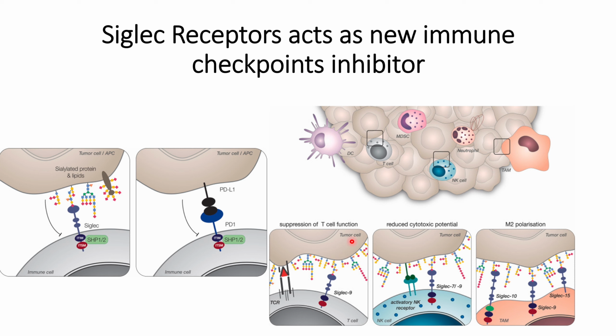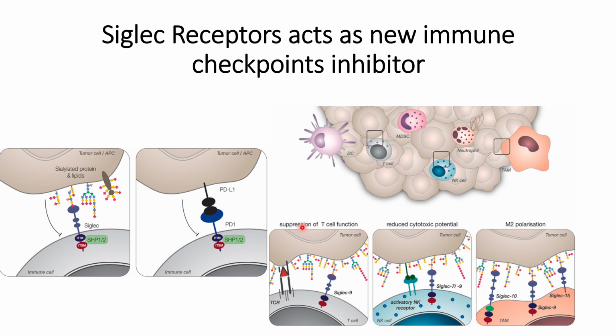These interactions usually occur in the tumor microenvironment, as solid tumors have the property to develop a tumor microenvironment that helps the tumor cells proliferate and at the same time helps in immune evasion. One way by which immune evasion occurs is via sialic acids expressed on the tumor cells interacting with the Siglec receptors expressed on the immune cells.